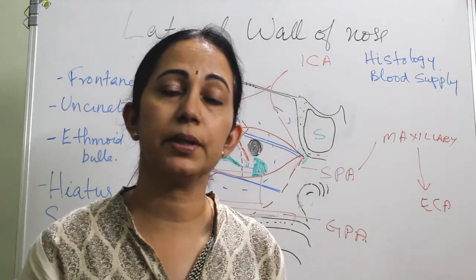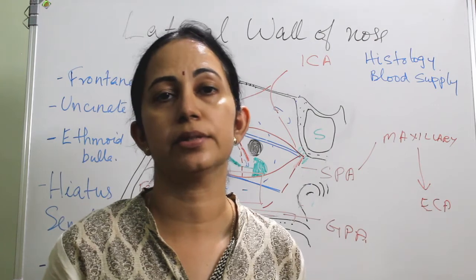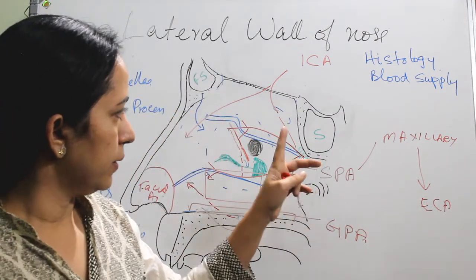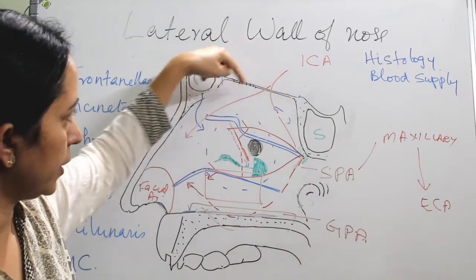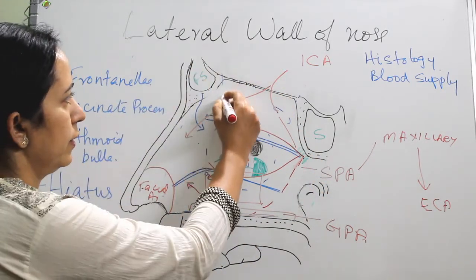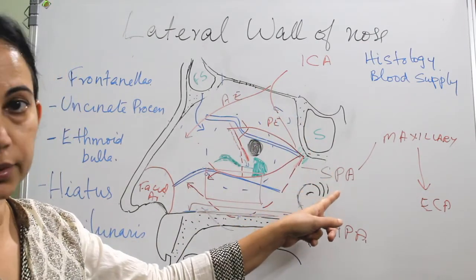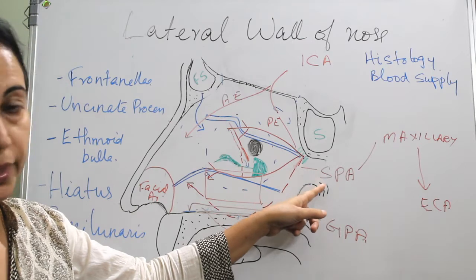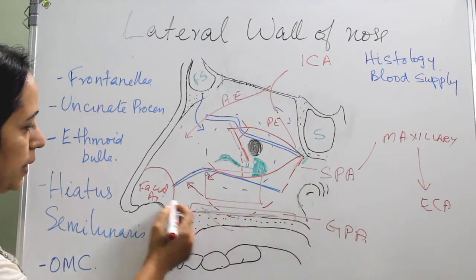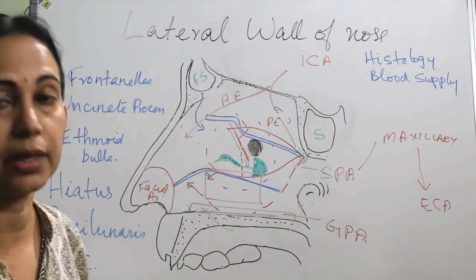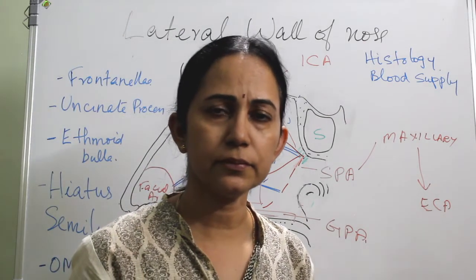So there is considerable overlap between the internal carotid system and the external carotid system. Internal carotid by branches of anterior and posterior ethmoidal arteries. External carotid mainly by the sphenopalatine artery, the greater palatine, and anteroinferiorly mainly by the facial artery.